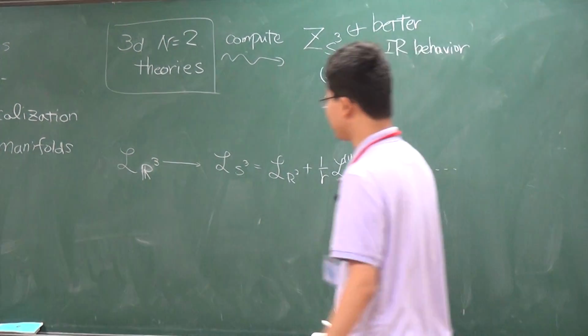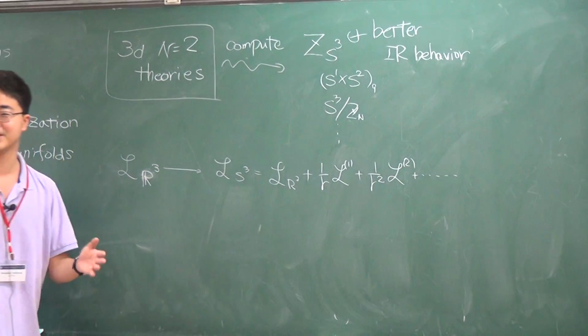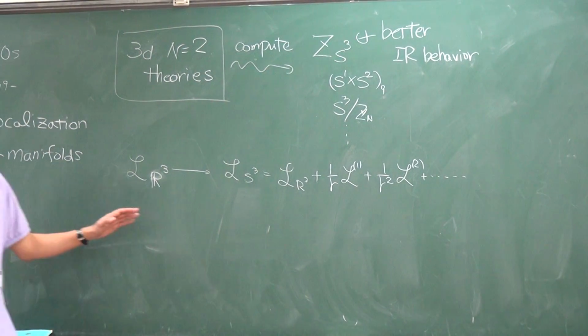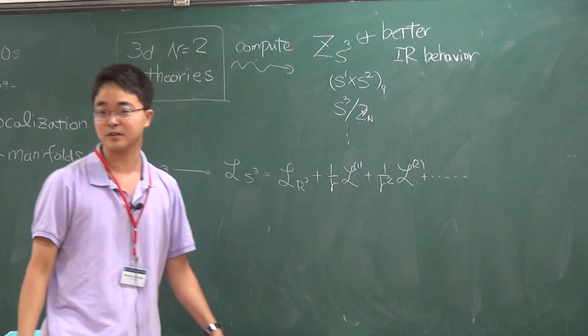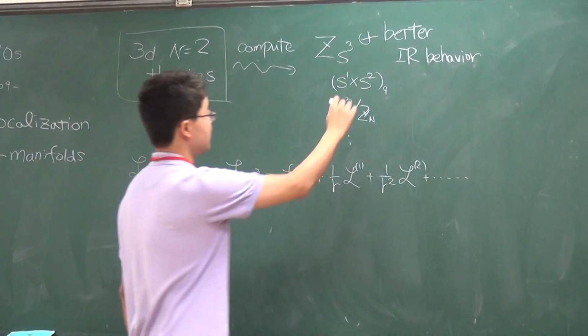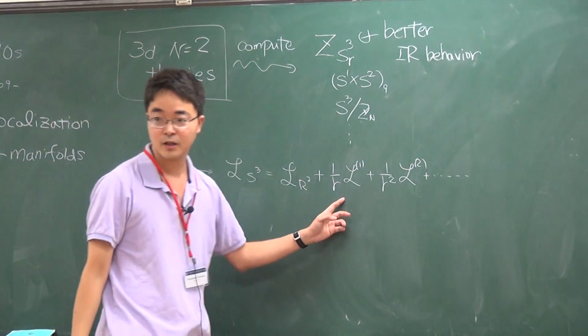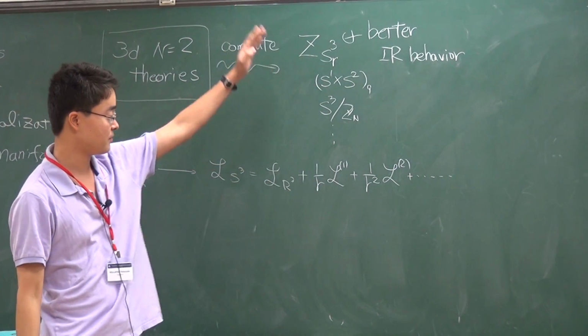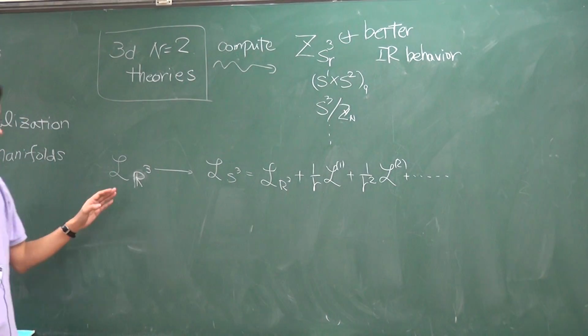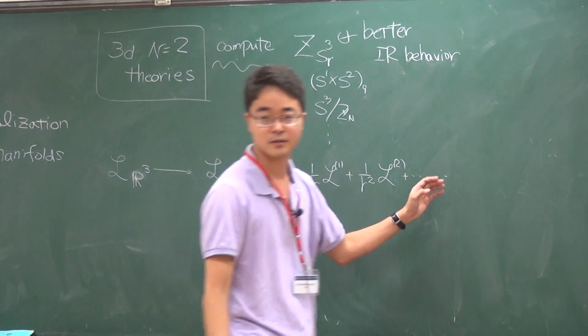In other words, I could compute the partition function on R3, but then of course it diverges. So you can think of S3 as a sort of regularization. Let's take the radius of this S3 to be R. Of course, when the radius goes to infinity, we go to flat space, so it should go back to the original Lagrangian. That's why I wrote it this way.